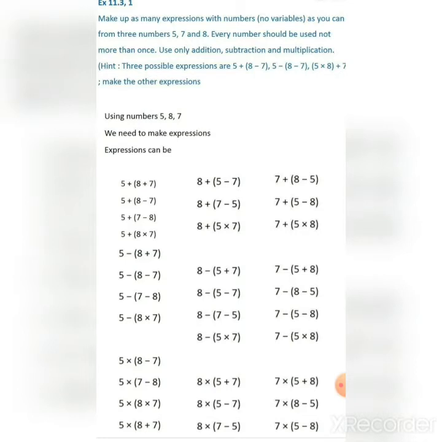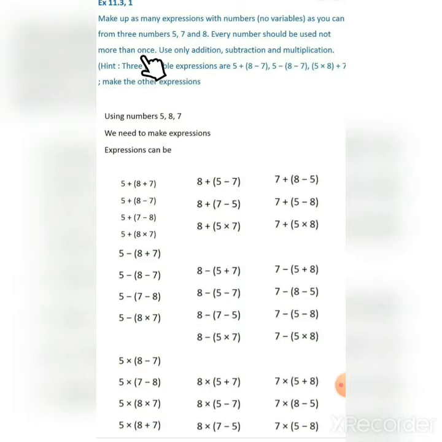The first question is, make up as many expressions with numbers, no variables we have to use, as you can from 3 numbers 5, 7 and 8. What they are saying, make up as many expressions with numbers as you can from only 3 numbers 5, 7 and 8, and every number should be used not more than once.